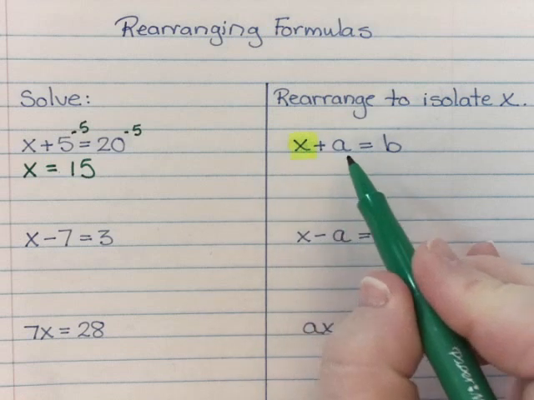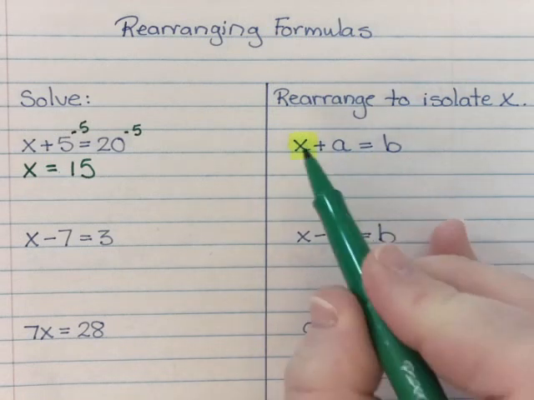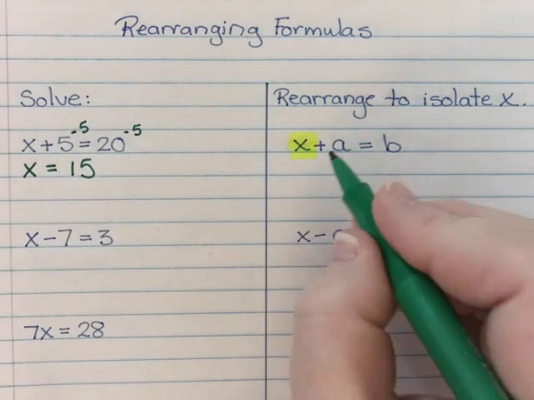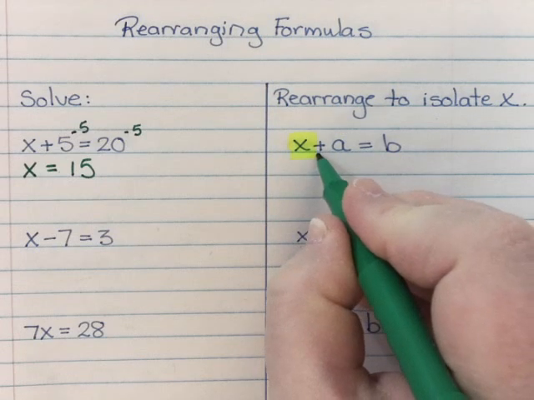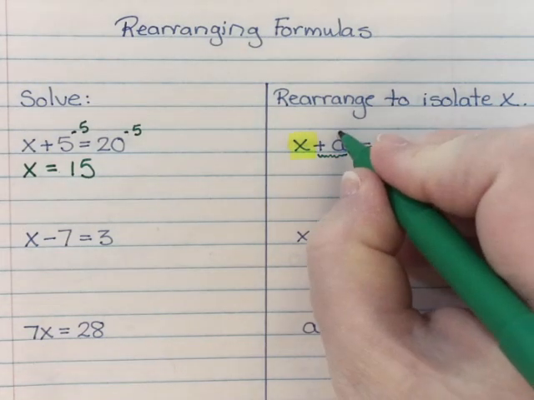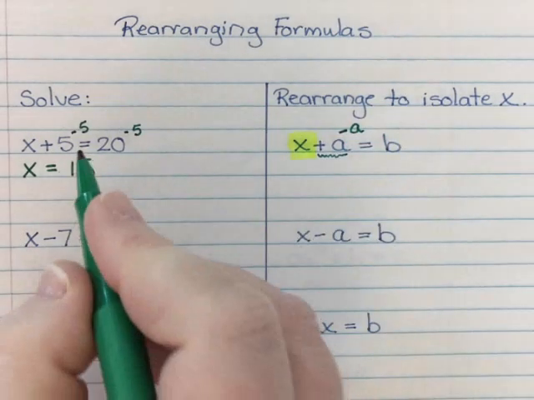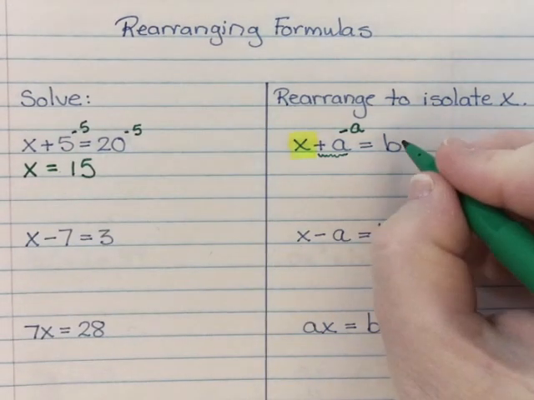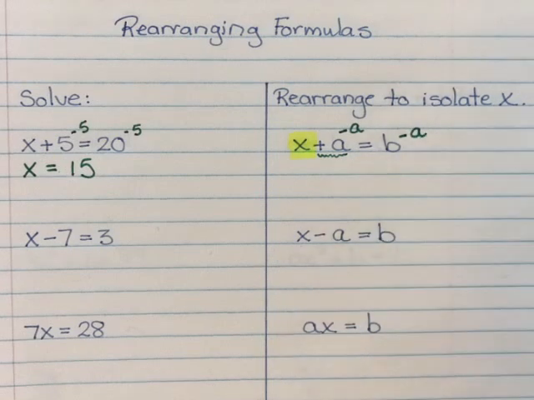So I have x plus a equals b. So we're trying to get the x by itself, and then I focus on the operation here. We are adding a, so if I want to get that a gone, I would do the opposite and subtract a. Just like here we subtracted 5, here I am going to subtract an a.